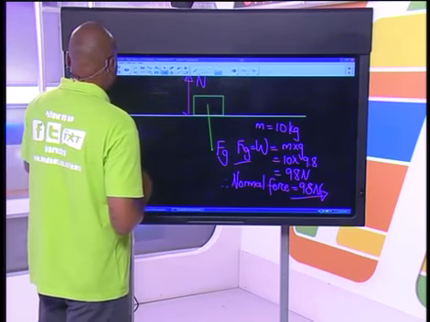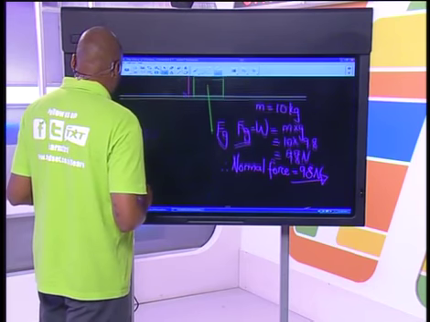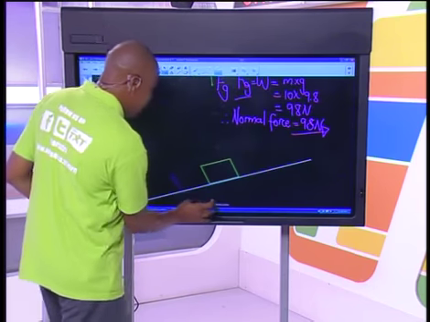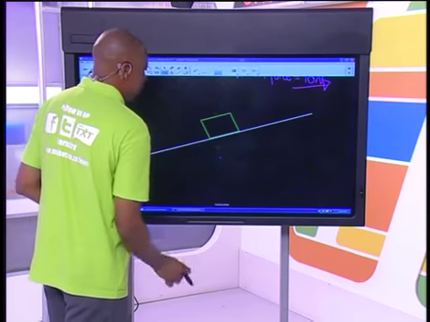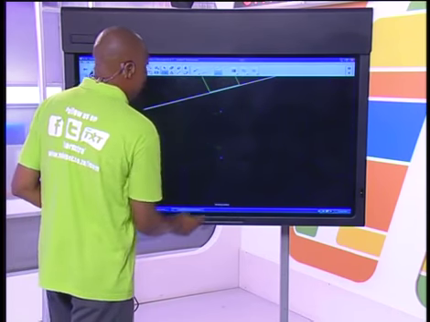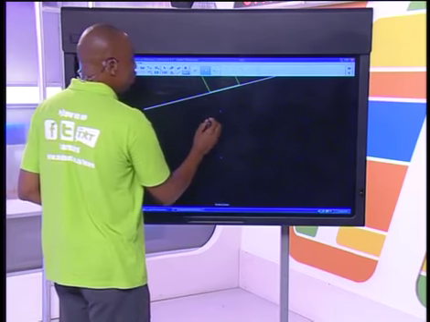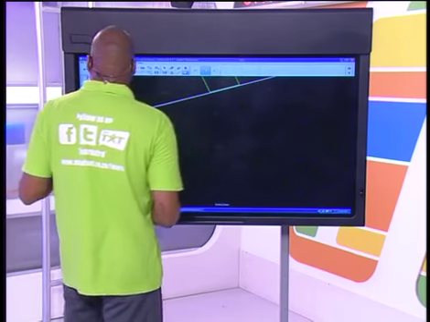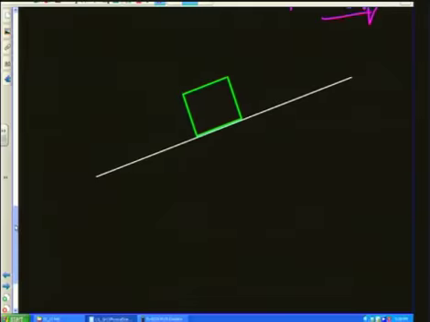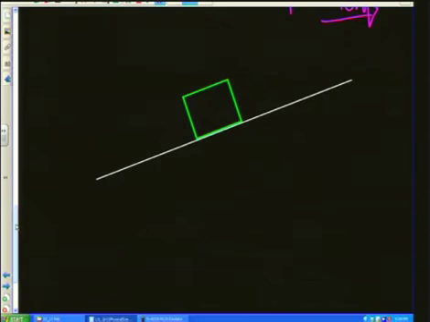Okay, good. Now, moving down to the next situation that I have. What I have here is a situation where this box is no more on a horizontal plane, but it is now at an angle. The plane on which it is lying is at an angle with the horizontal.